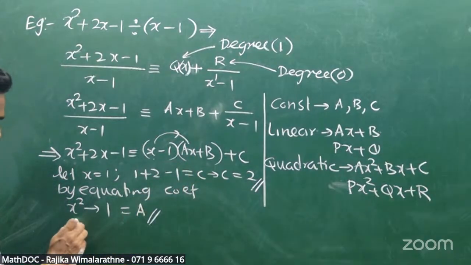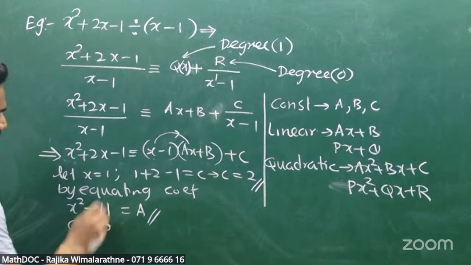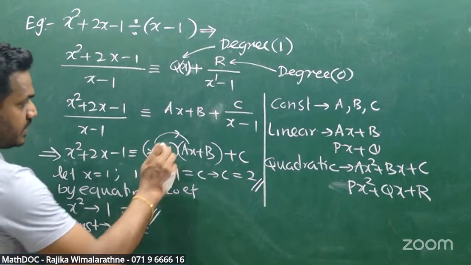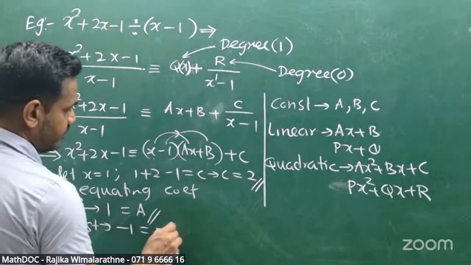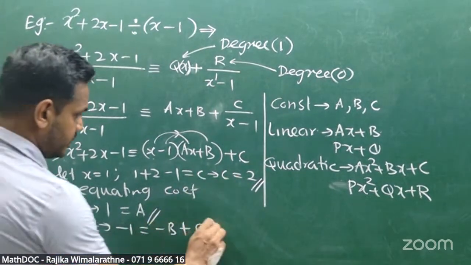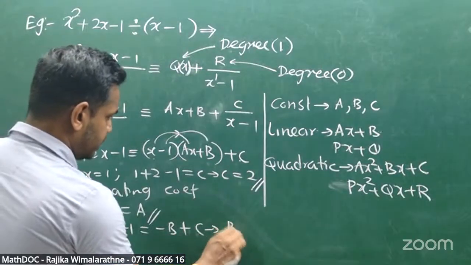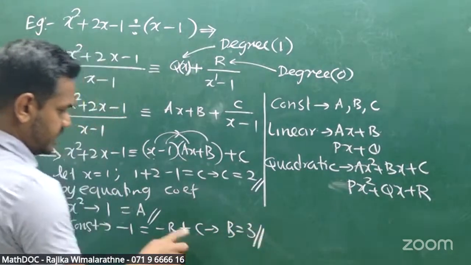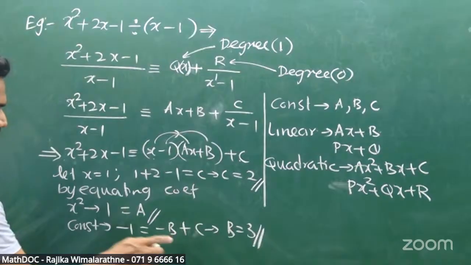Then the constant: on the left it is minus 1, on the right it is minus b plus c. With c equal to 2, b equals 3.